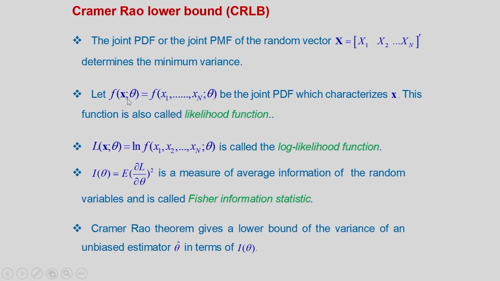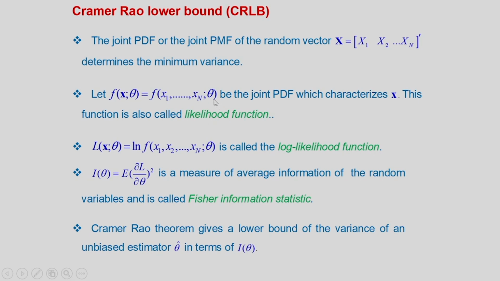Let f x; theta, that is equal to small f PDF x1 x2 up to xn semicolon theta, it is a function of theta, be the joint PDF which characterizes the random data vector x. This function is also called likelihood function.